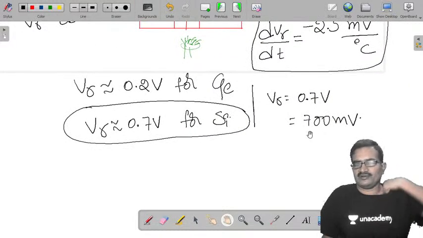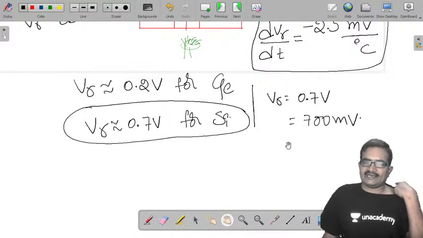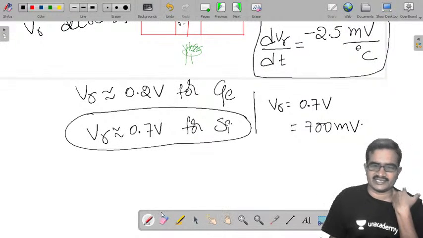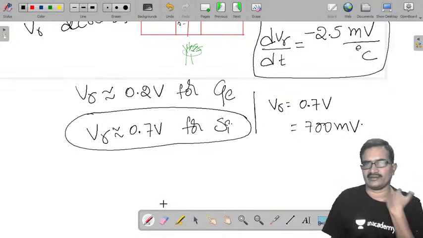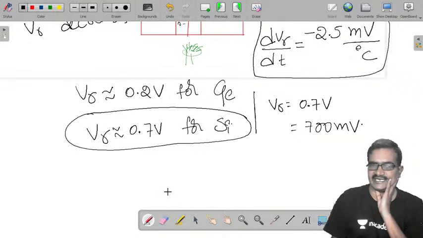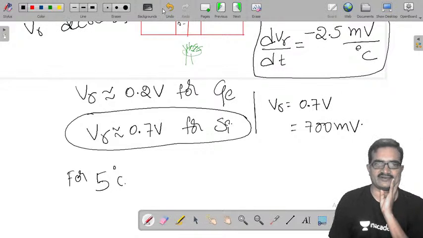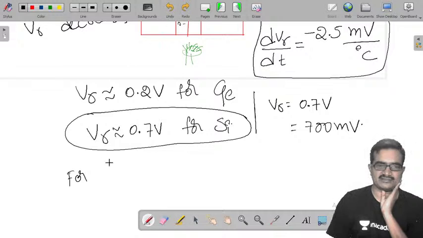For example, say the temperature is increased by 5 degrees centigrade. A 5 degrees centigrade increment in temperature is not that easy. Okay, let us take 10 degrees centigrade for easy calculation.